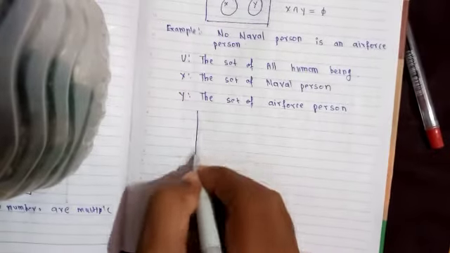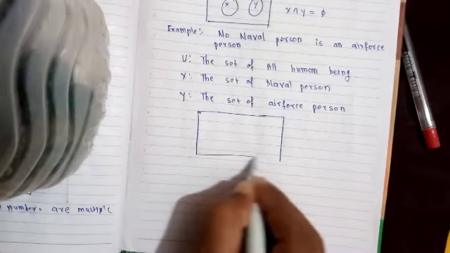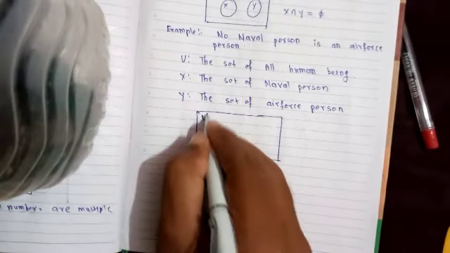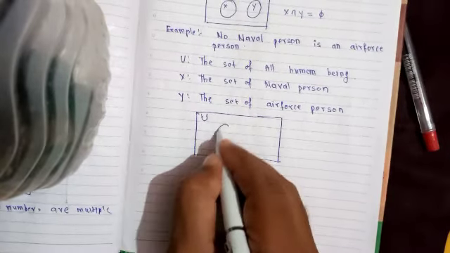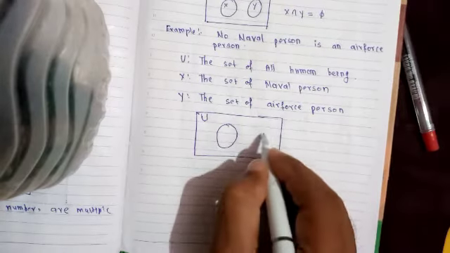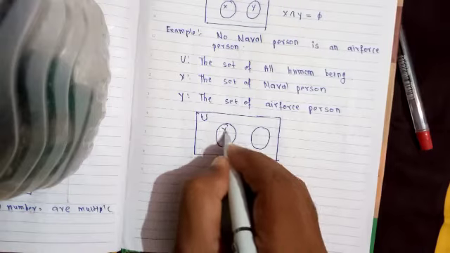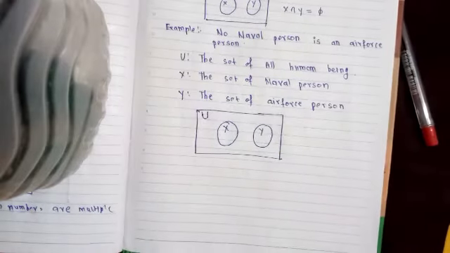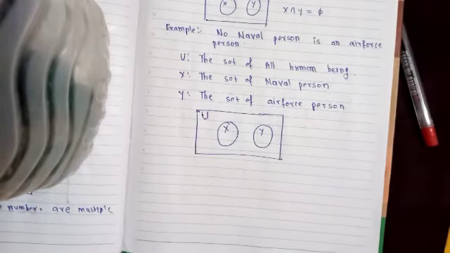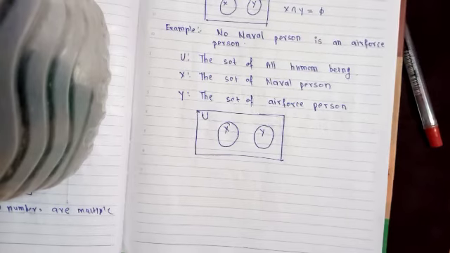So nothing is common. So first we will define the universal set, that is set U, the set of all human beings. Then we have X, and then this is Y. So these are the two different sets. So this is the Venn diagram for "No X are Y's."